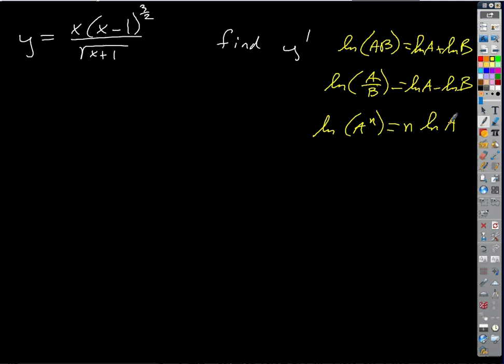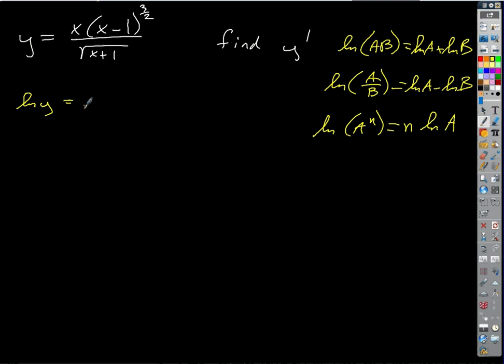If I log both sides, on the left side, I'm just getting natural log of y. On the right side, what am I going to get? And this goes back to that review assignment I gave you on properties of log. See if you can do this all in one step. I got a product, right?